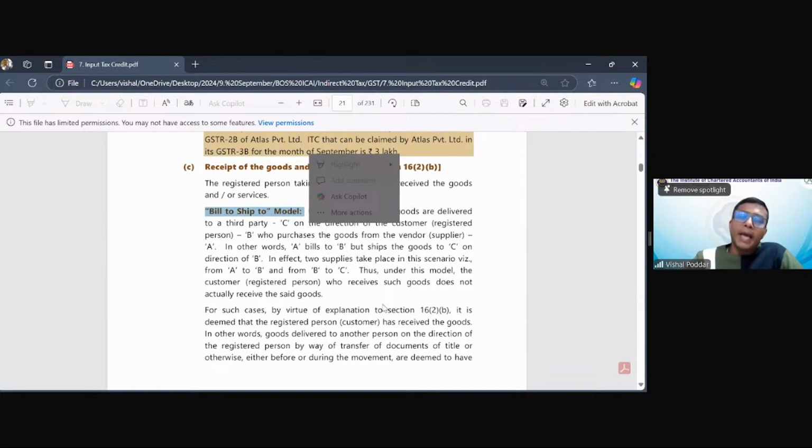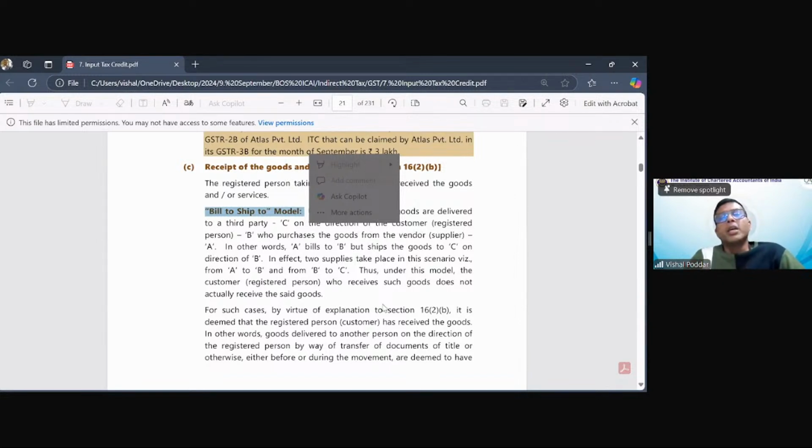Because it has been clarified in this particular section and condition itself that where it is a bill to ship to model, where on Hemant's instruction only, I have directly dispatched the goods to Mitali, it means when the goods reach Mitali, receiving the goods by Mitali would be considered as receiving by Hemant for the purpose of this section.